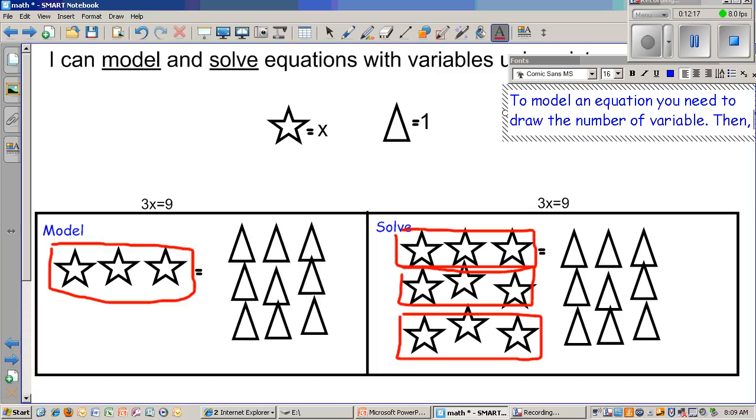Then draw the number of ones, I guess we could say, right?